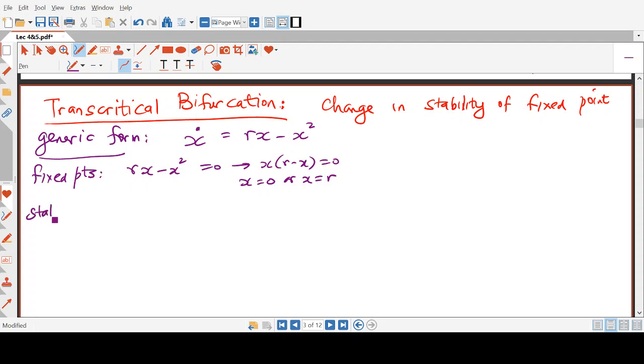Stability. Find the derivative of that, f dash of x. Remember the right hand side is f of x. Differentiate the right hand side, I will get r minus 2x. Firstly, plug in 0 because that's one fixed point. f dash at 0 will be r minus 0, which is r.